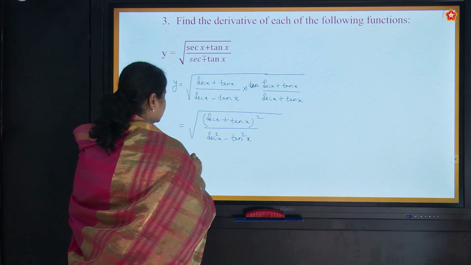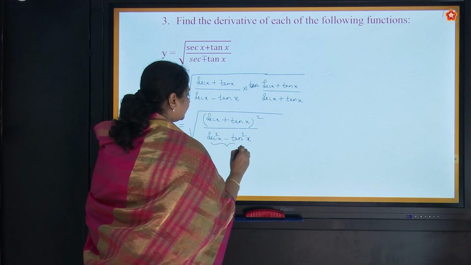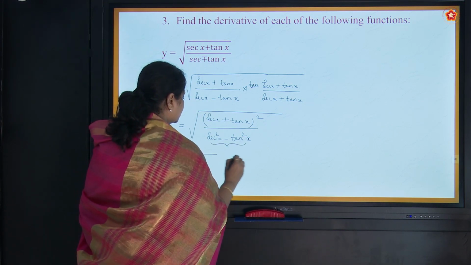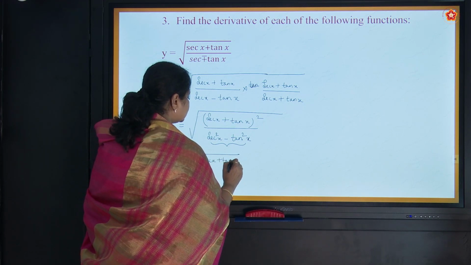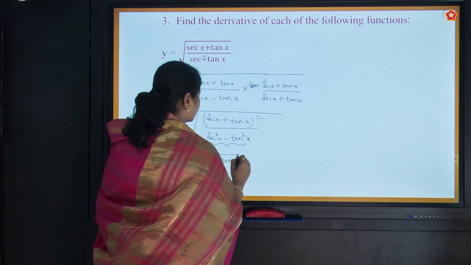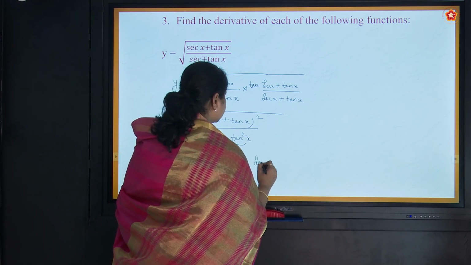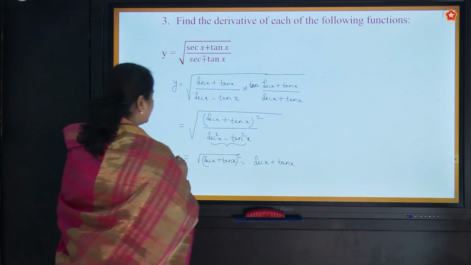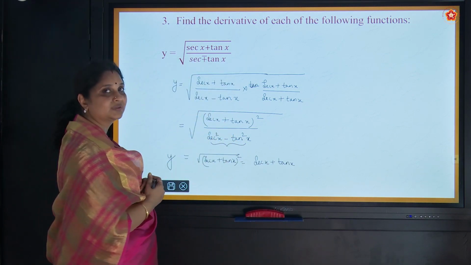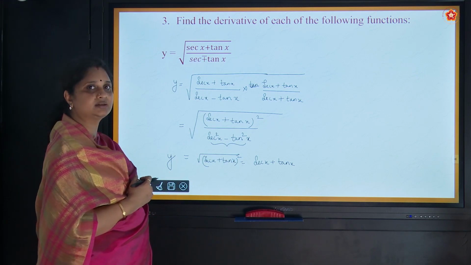So this is nothing but 1. So we have root of secant x plus tan x the whole square. Out of the root, it comes out as secant x plus tan x, which is your y. Isn't this easy to differentiate now?